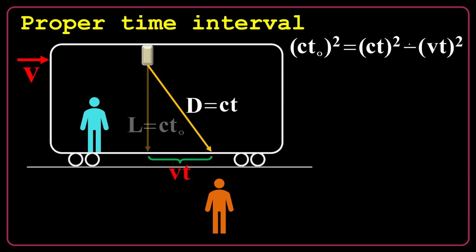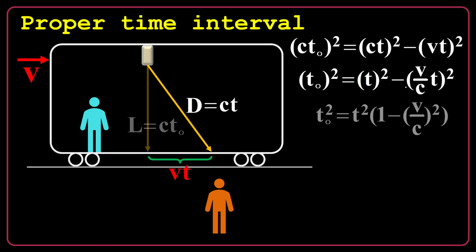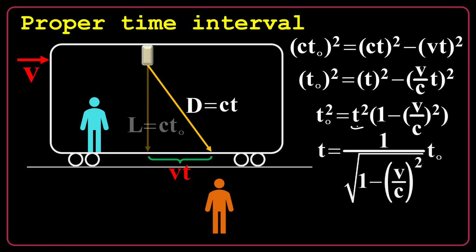Here I have c t naught squared is equal to hypotenuse squared minus v t squared. In another way, let's divide both sides by c squared, then factorize t naught from one side and t from the other, and finally take a square root.